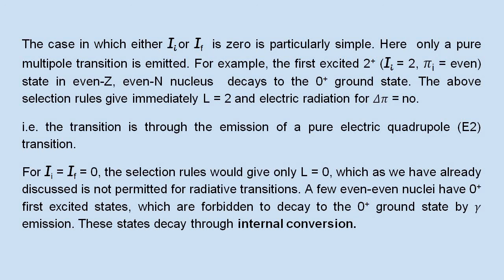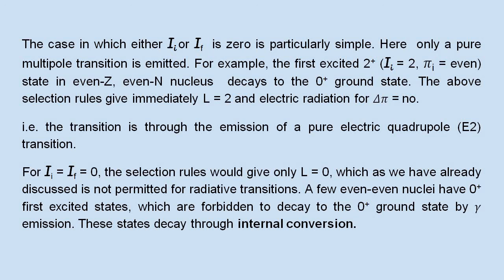We have studied that gamma emission and internal conversion compete in nuclear decays. So there is a competition there. But when it is a 0 to 0 transition, or 0 plus to 0 plus transition, it is definitely internal conversion that takes place and no gamma emission is possible.